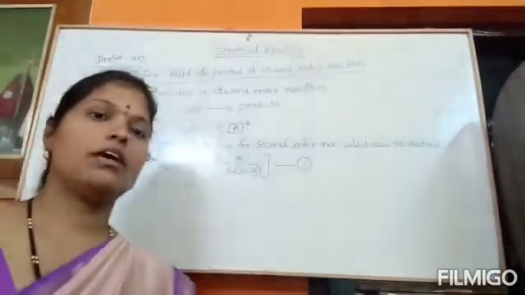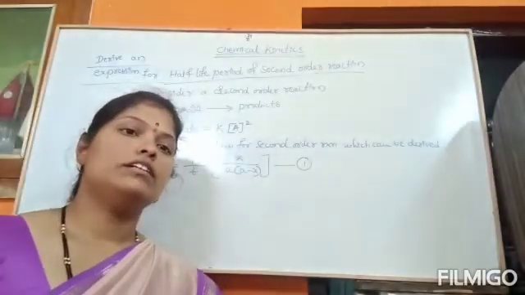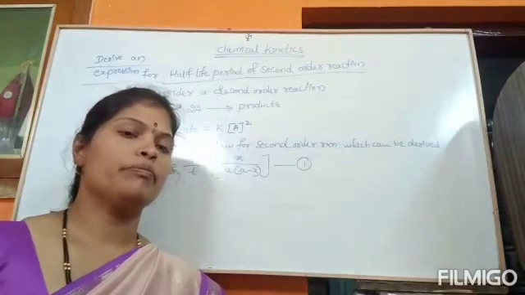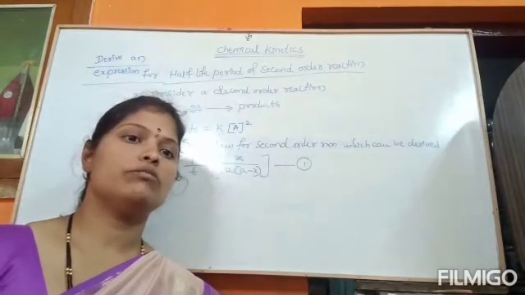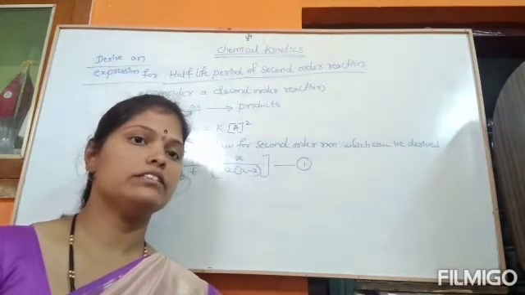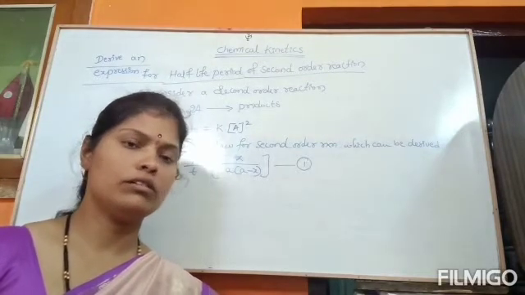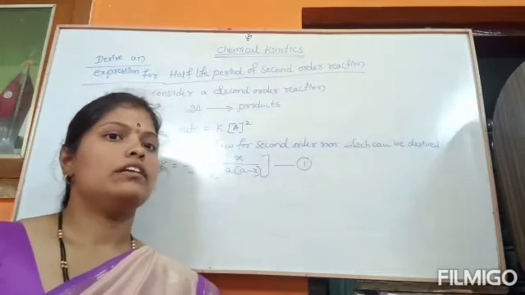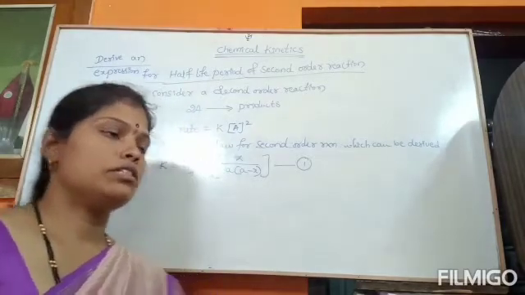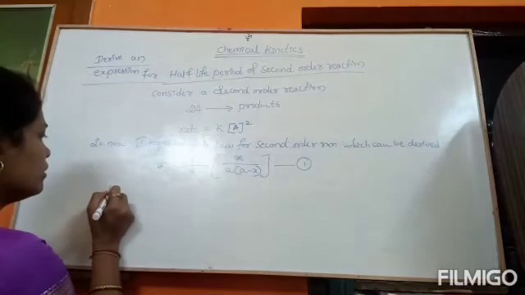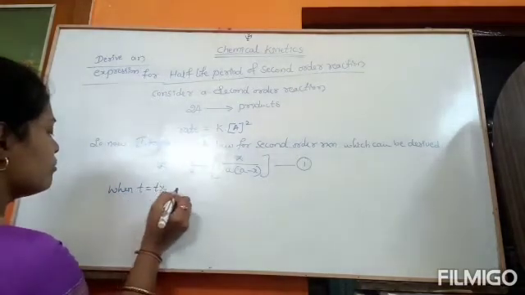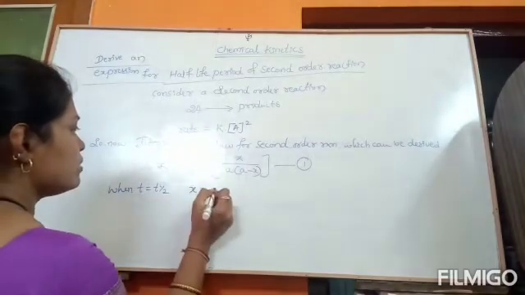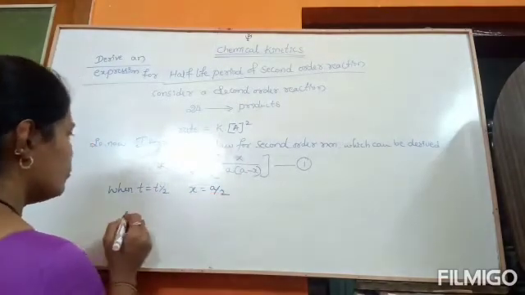In a chemical reaction, if the time is t half, half of the original concentration of that reactant has reacted to give product. So when t becomes t half, the concentration of product x is taken as a by 2.